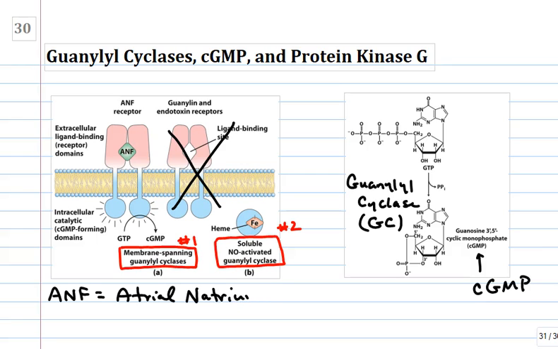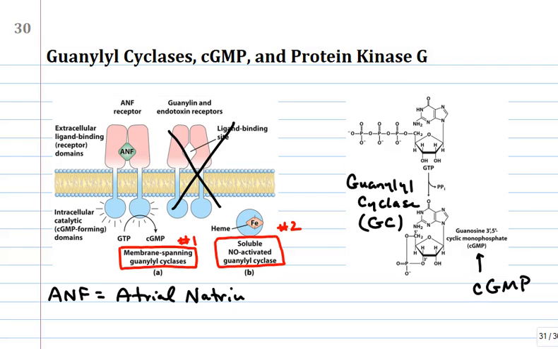If I can get this spelled right. So the receptor, the ANF receptor binds ANF, and then this is involved in vasodilation.